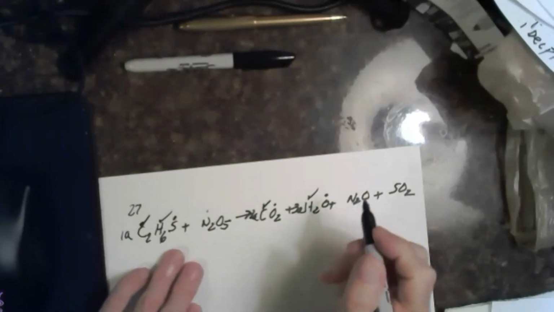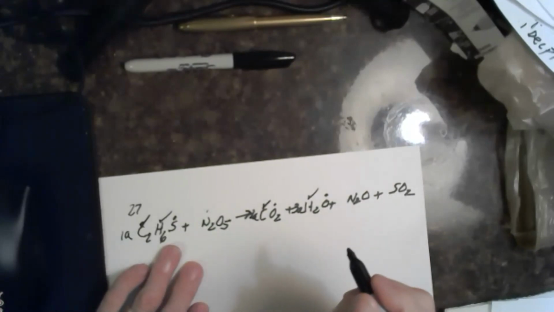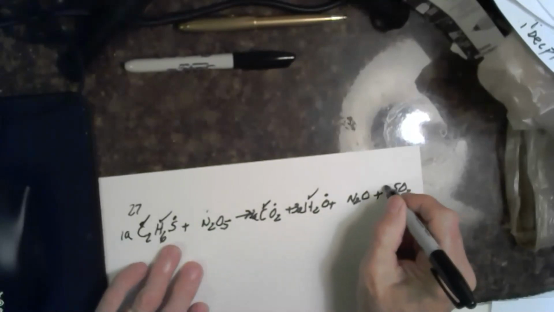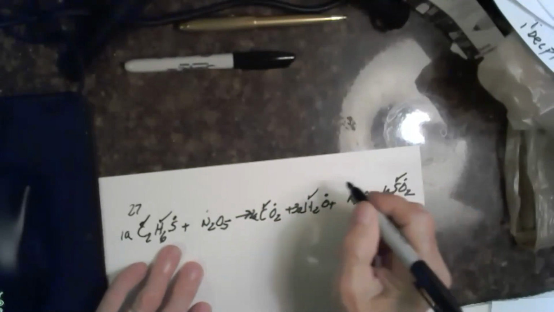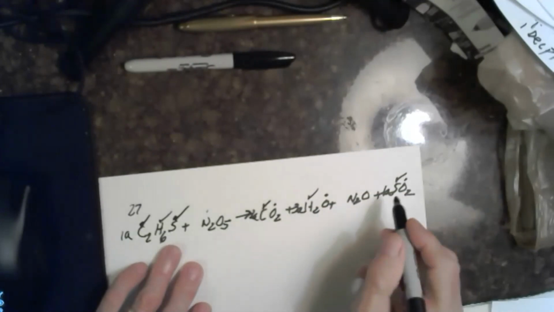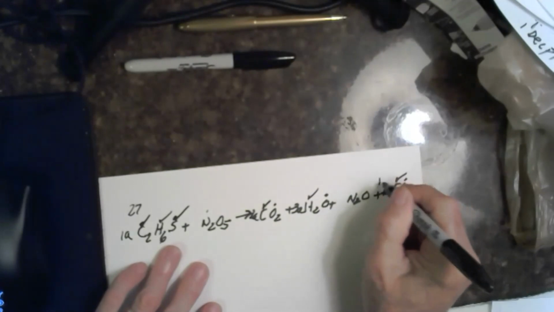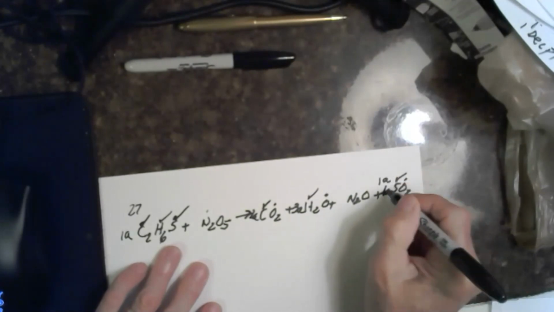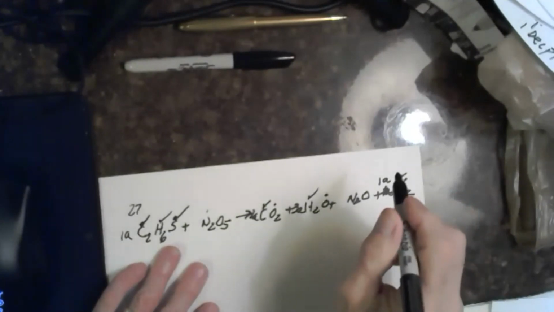Okay, now I've got sulfur. Sulfur, I've got 1A on the left and 1A on the right. And sulfur is balanced. Make sure I can read my own writing, okay? All right, so now sulfur is balanced.